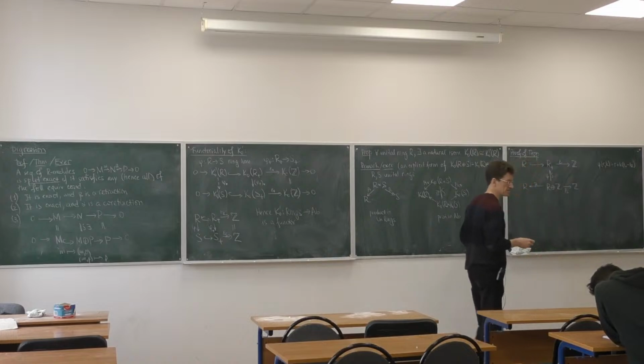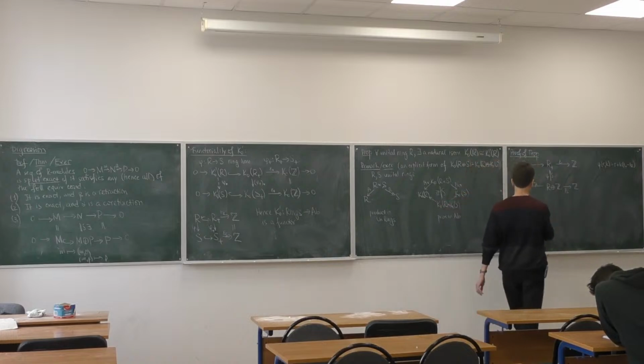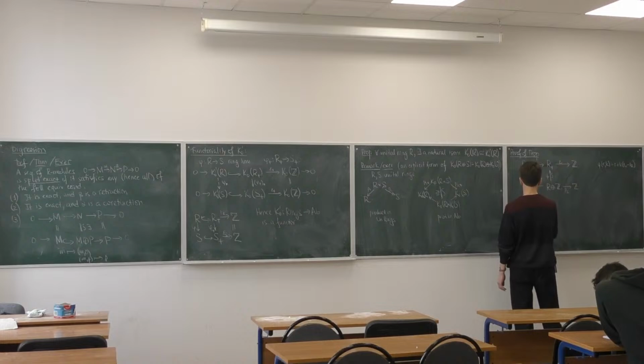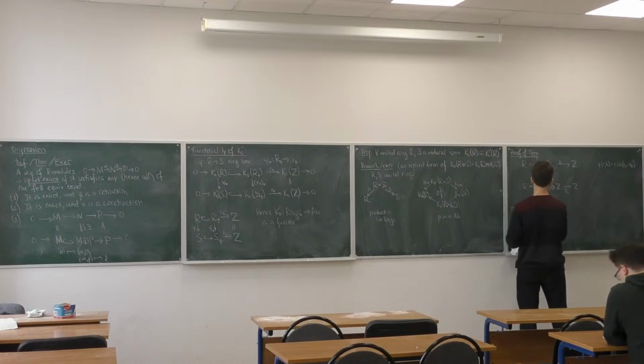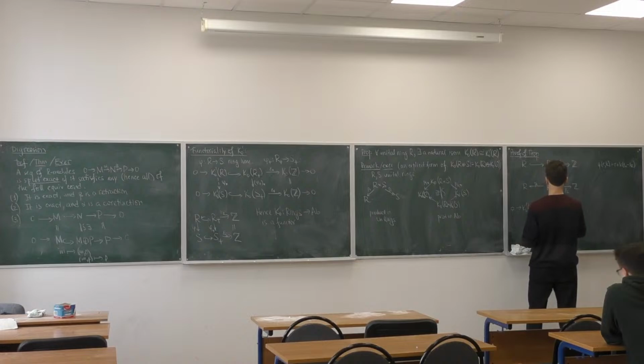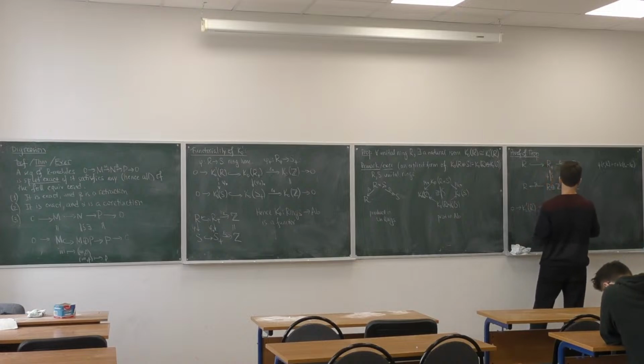Let's now apply K0 to this picture. K0 prime of R is the kernel of epsilon star. So we have the following split exact sequence here. This is epsilon star.